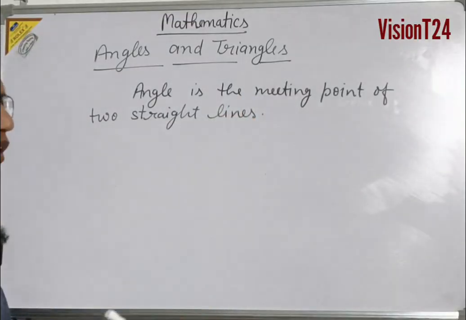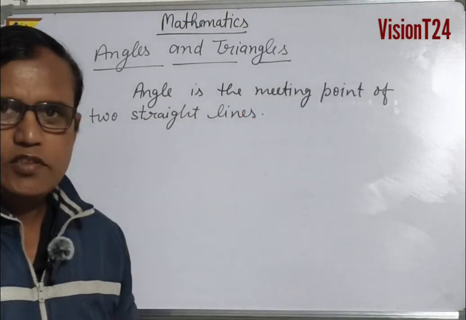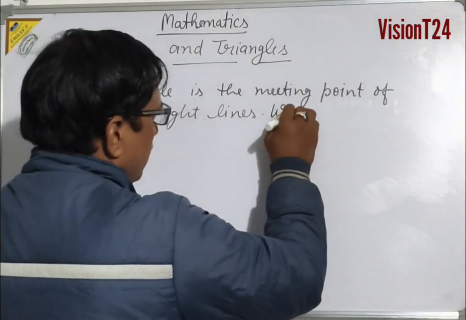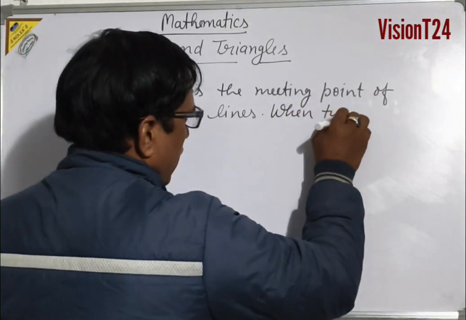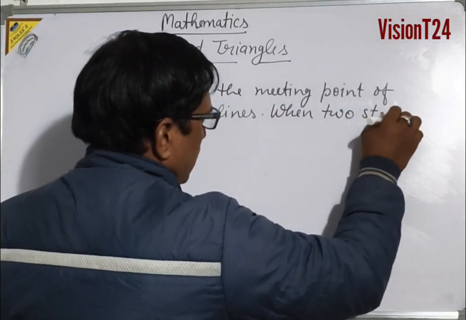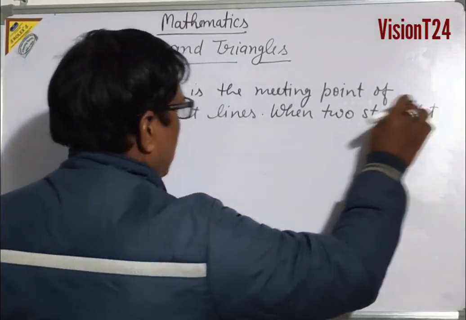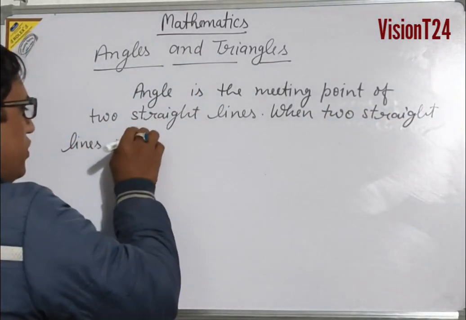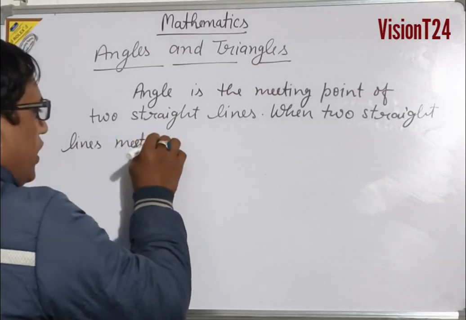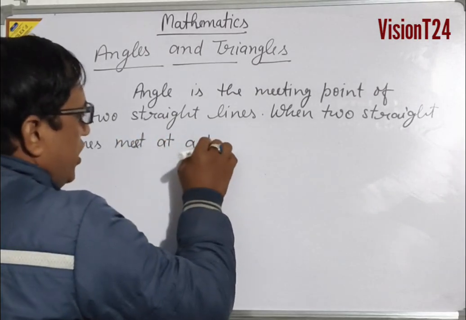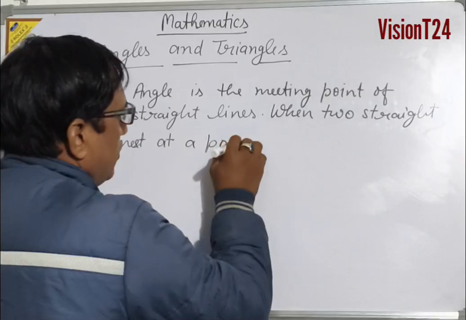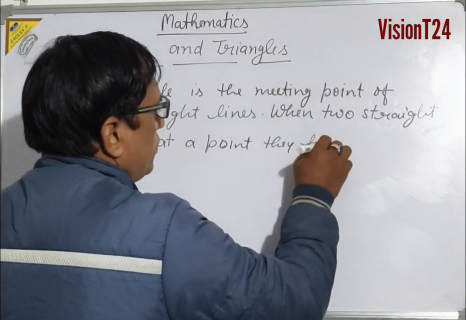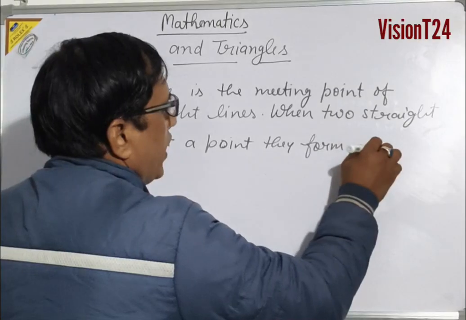It means when two straight lines meet at a point, they form an angle.